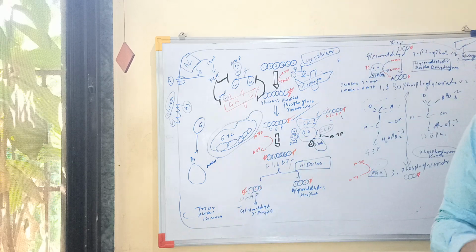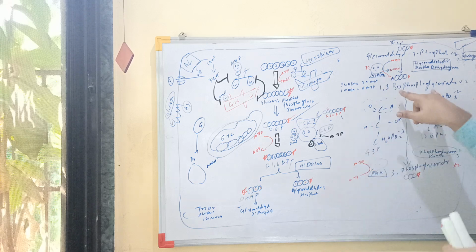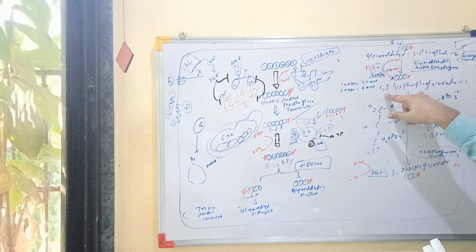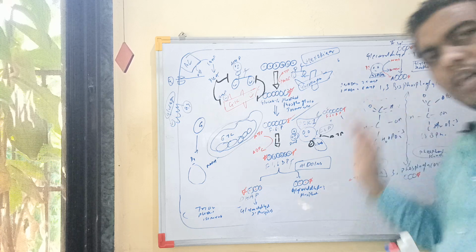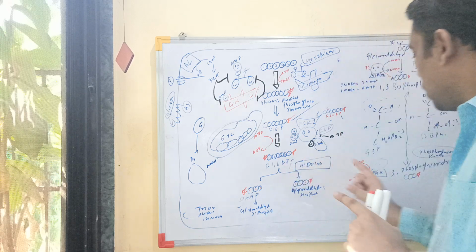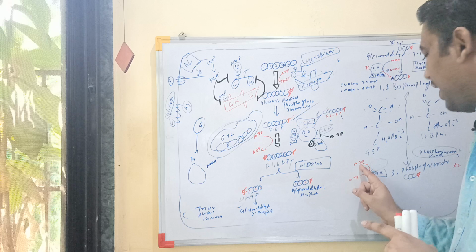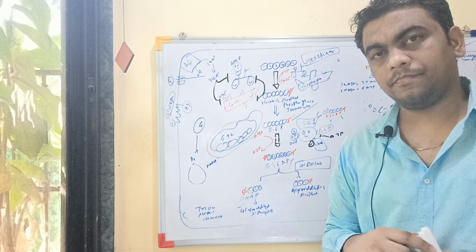Now this arsenate has very loose compatibility. So in the next reaction, when 1,3-bisphosphoglycerate will be converted into 3-phosphoglycerate, it will convert, no doubt, but you will not get conversion of ADP to ATP in those cells.